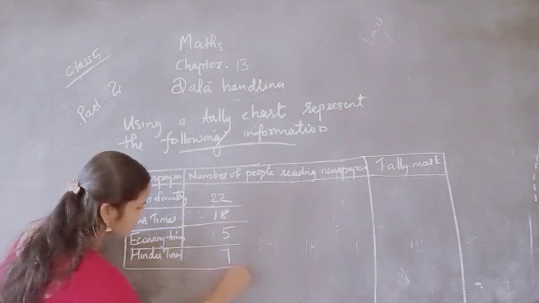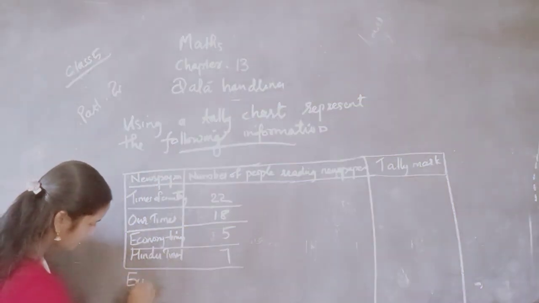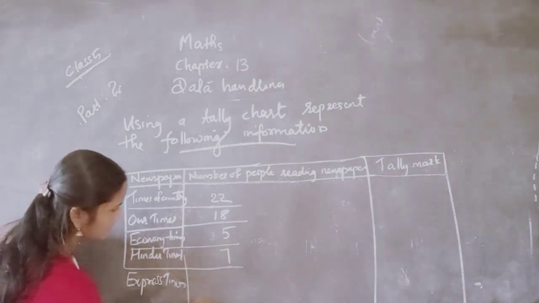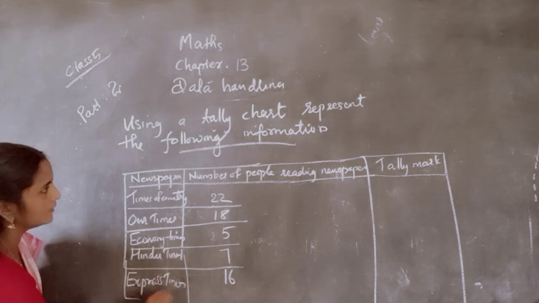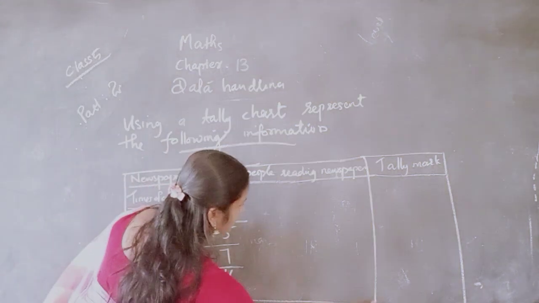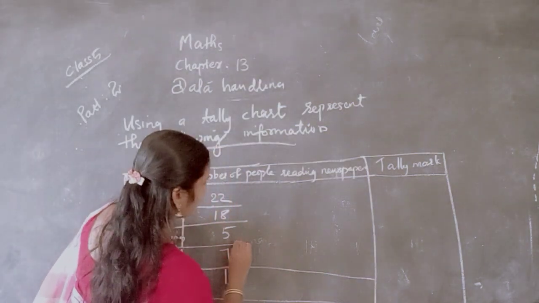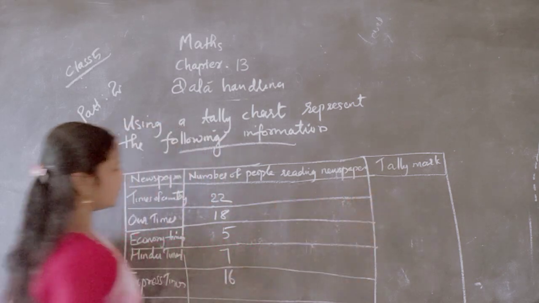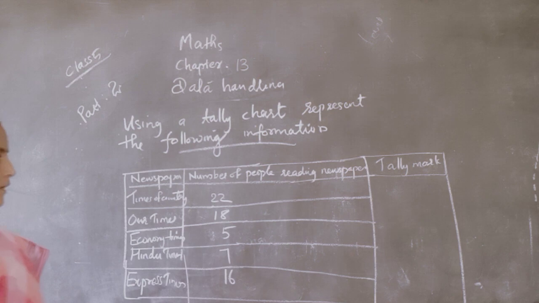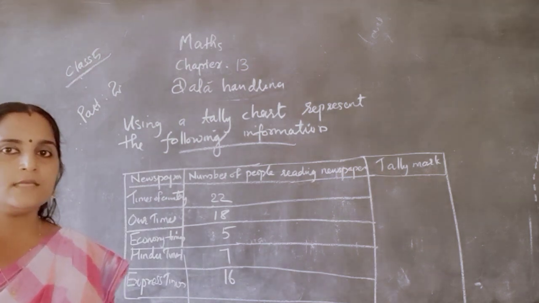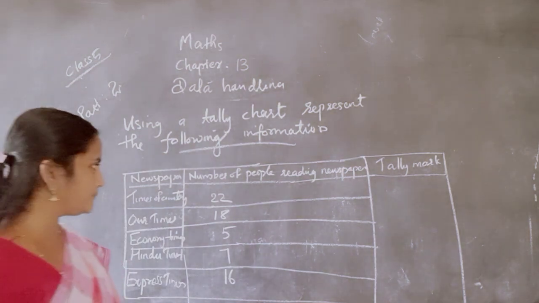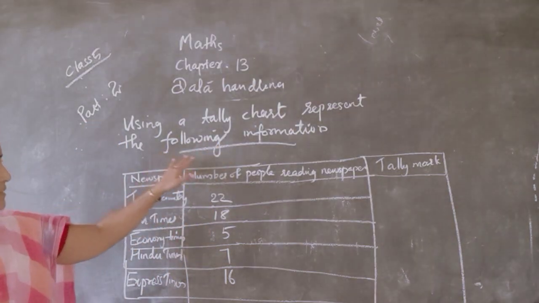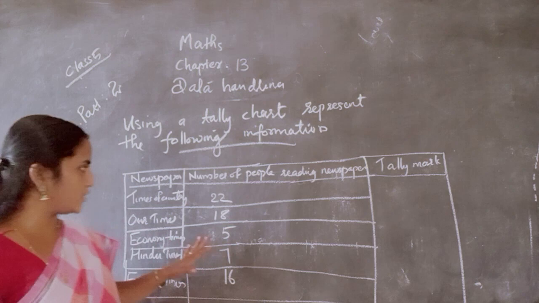Express Times, 16. These are the numbers given here. That is 22, 18, 5, 7, 16. Okay. We want to write the tally chart representing the following information.